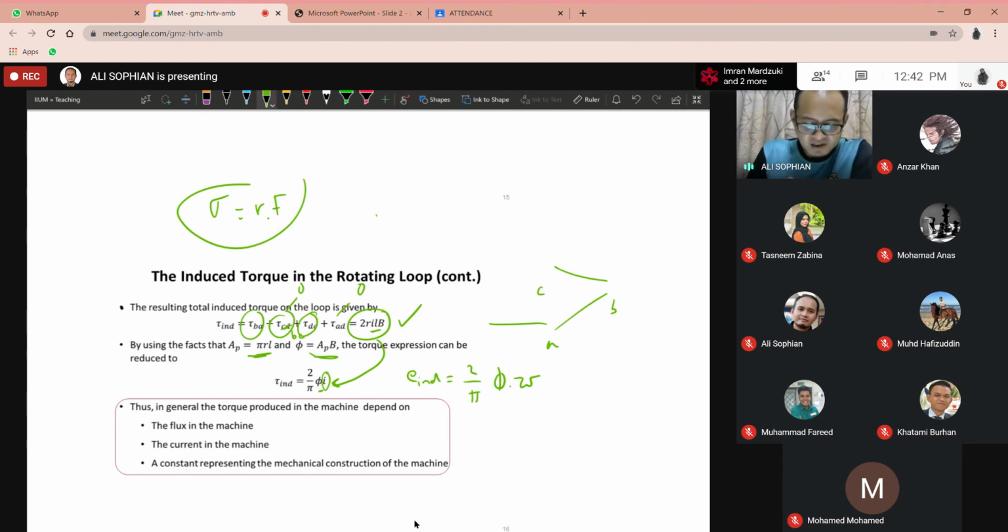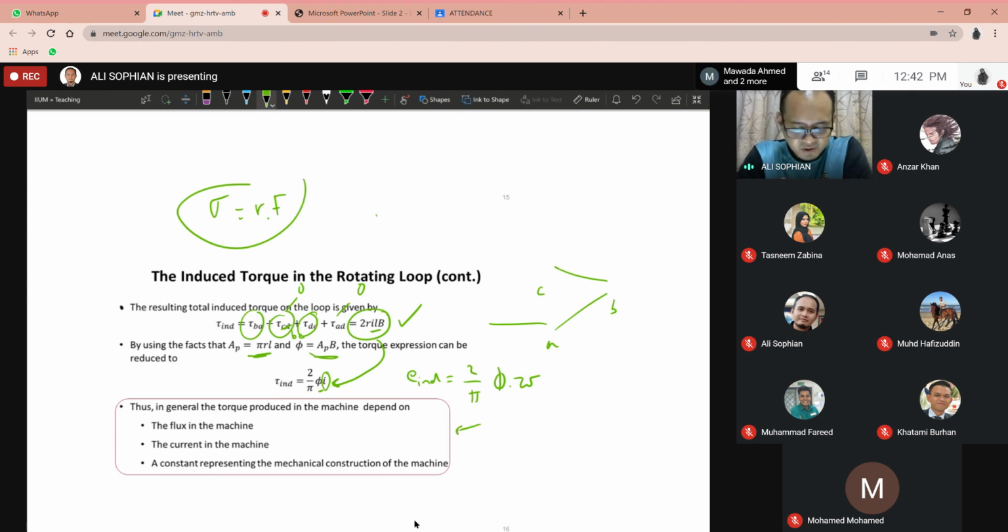Okay, in the exam, this question comes again and again. What are the three factors that determine the value of induced torque? What are the three factors that determine the value of induced voltage? So this is the answer.